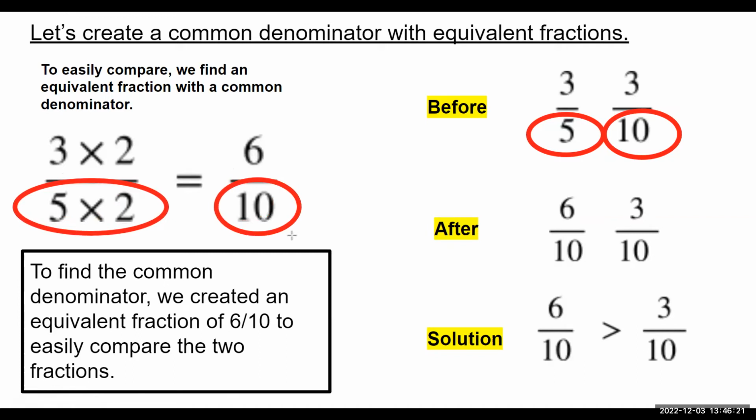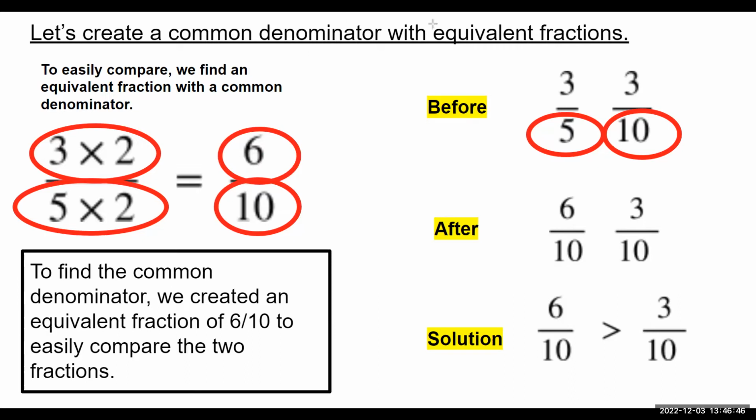The general rule that we introduce to students is that whatever you do to the bottom, the denominator, you must do the same thing to the top, the numerator, to get an equivalent fraction. So once we multiplied our denominator times 2 on the bottom, we did the same thing on the top. And that gave us an equivalent fraction of 6/10.